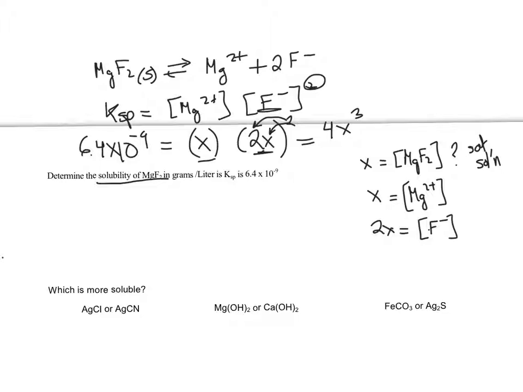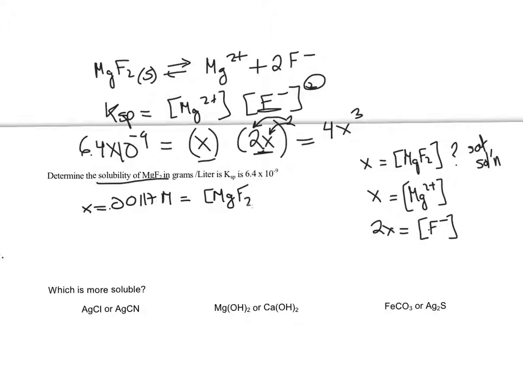So I take this number divided by 4 and then cube root it to get my X. My X ends up being 0.00117 molar. And that is the concentration of my MgF2.